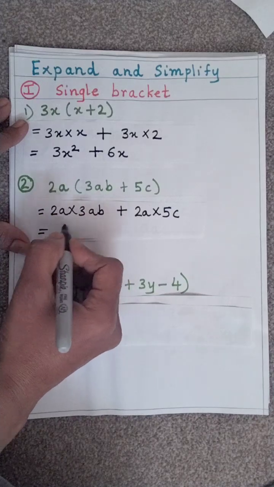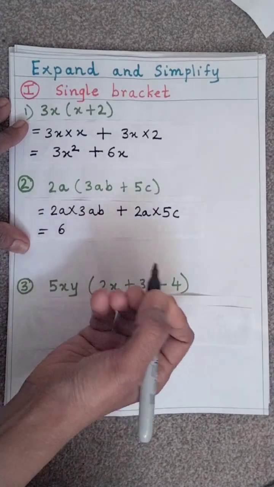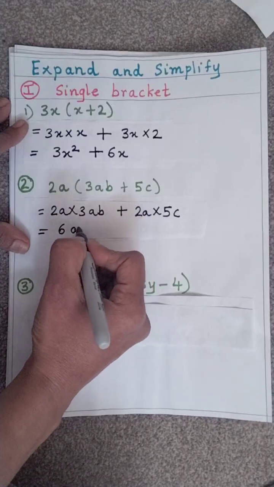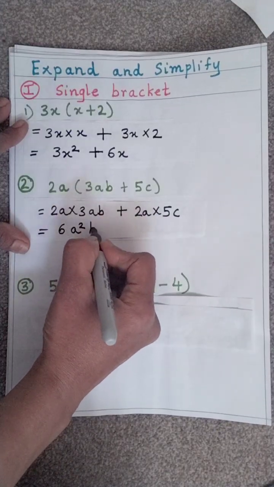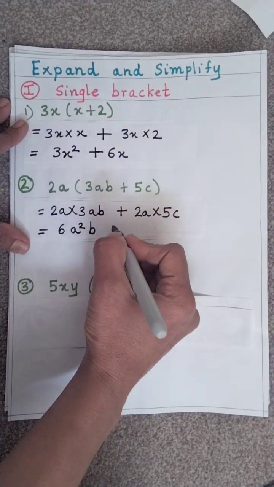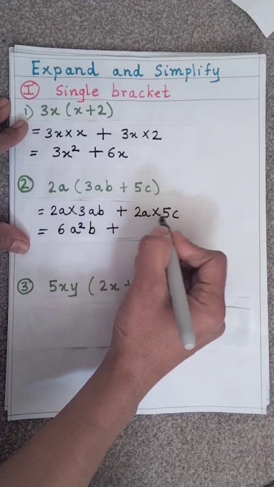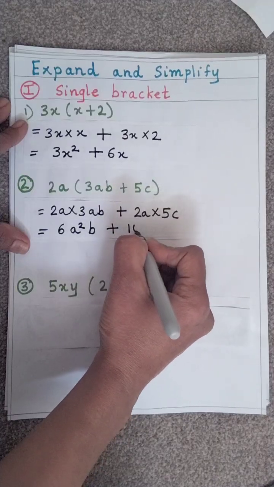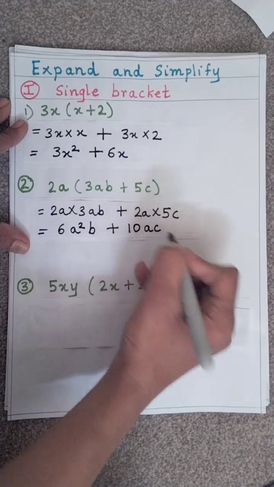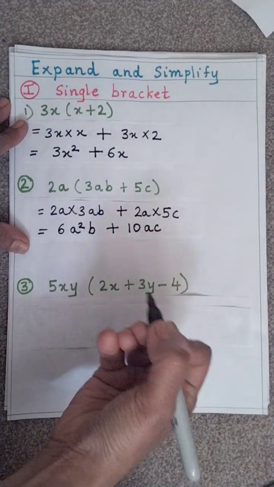So numbers 2 times 3 is 6. So just take numbers, then take letters. a times a is a raised to 2 and then b. So it is 6a square b plus 2 times 5 is 10, then a and c, ac. Okay, so this is the required answer.